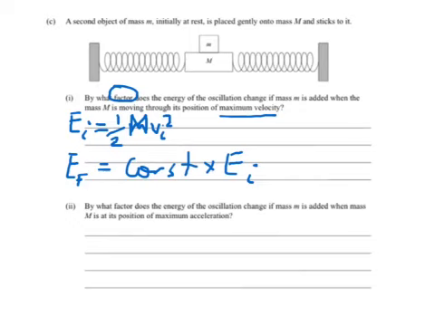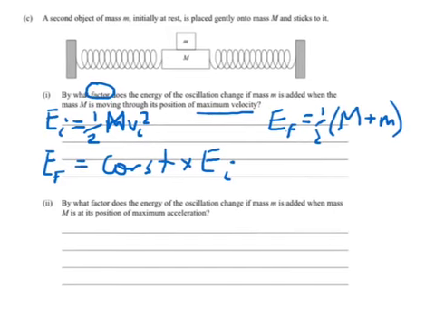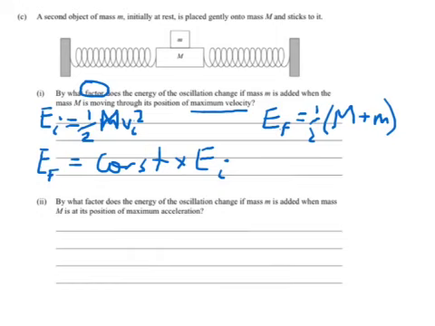The final energy will be half (big M plus little m), because the mass has changed, times the final velocity squared. So we can see straight away that there's an M plus m factor, and the final velocity is what we need to find.